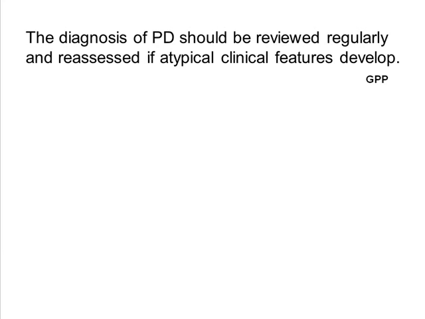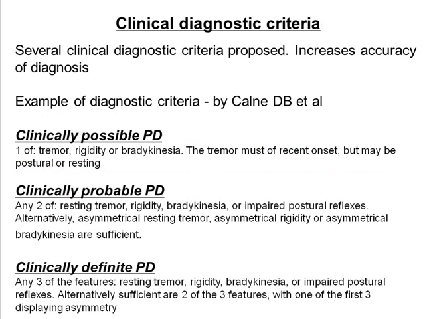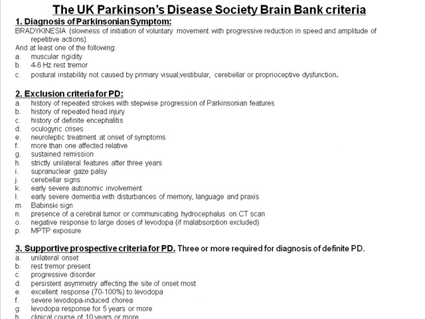And finally, if they have fulfilled both of these, then you will move on to see whether they fulfill the diagnostic criteria. This is actually not very important to remember. There are so many of them being used. This is just an example by Khan. This is another example by the UK Parkinson's Disease Society Brain Bank criteria.